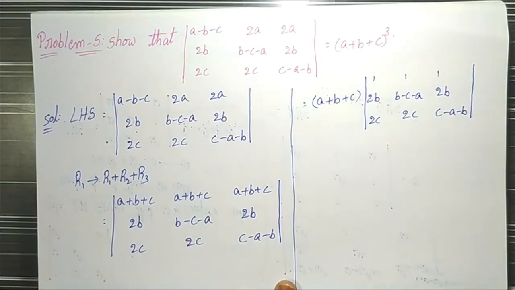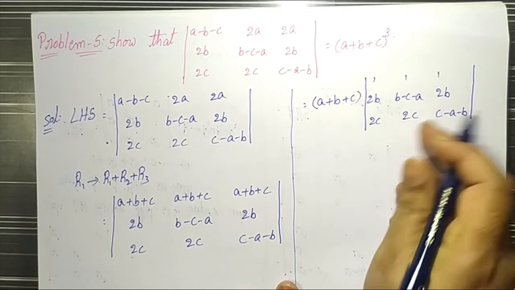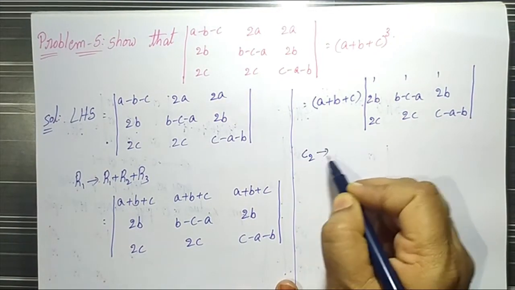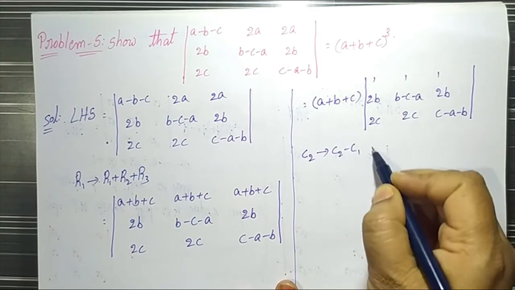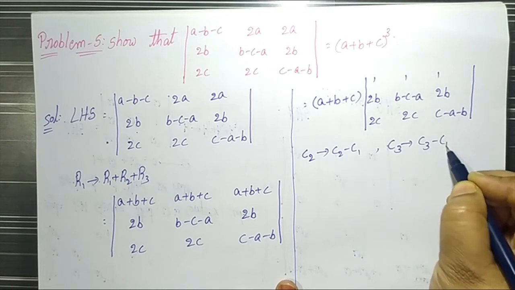Determinant value. Here we also have to apply two more operations for columns. First C2 goes to C2 minus C1 and C3 goes to C3 minus C1.